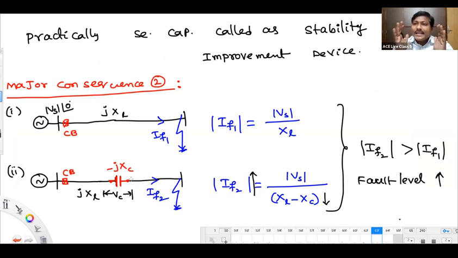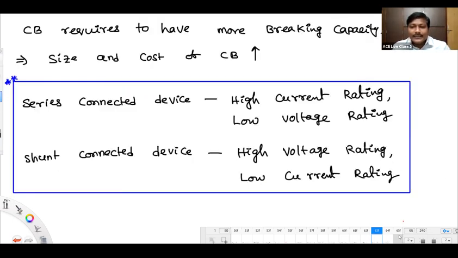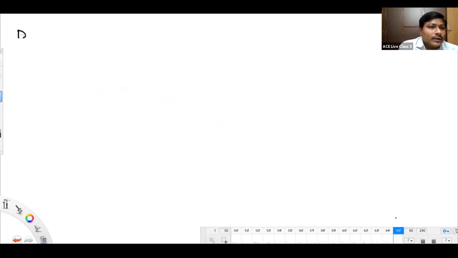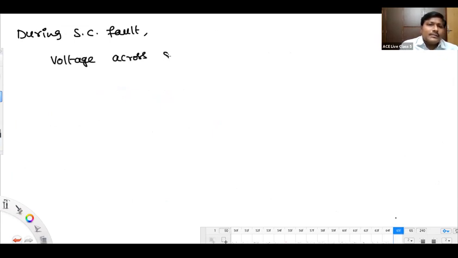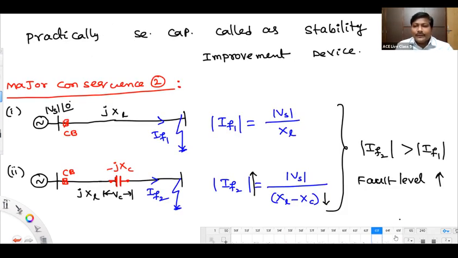Because of that, we have a large voltage across the series capacitor that may definitely exceed its rating, and damage to the series capacitor is possible. So during a short circuit fault, the voltage across the series capacitor, VC magnitude, will be the fault current magnitude IF2 multiplied with XC.